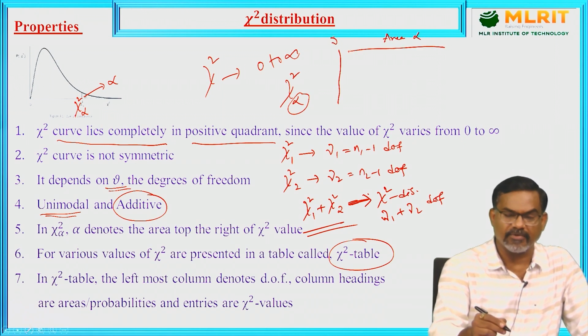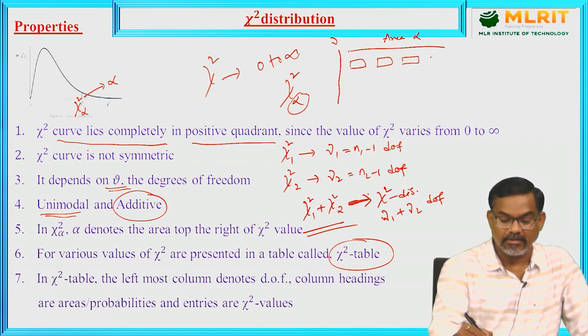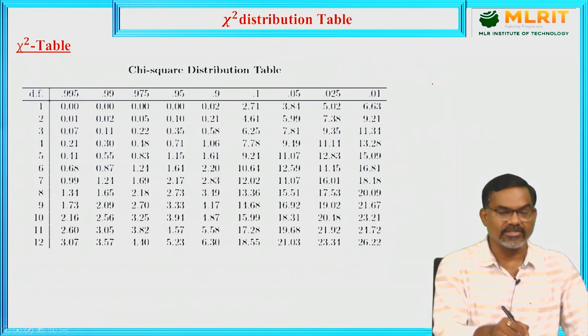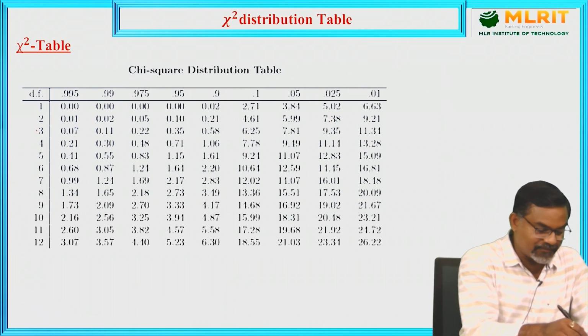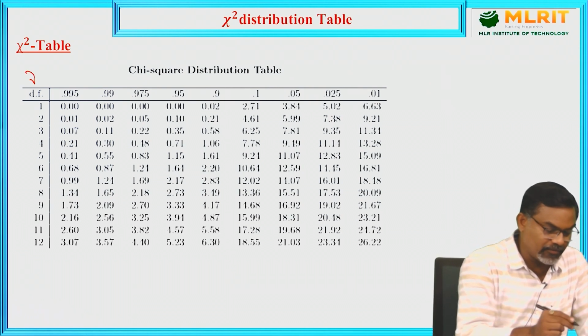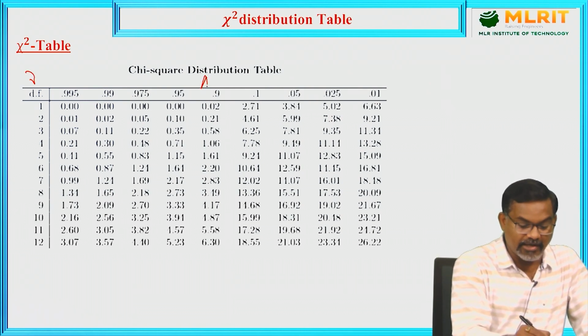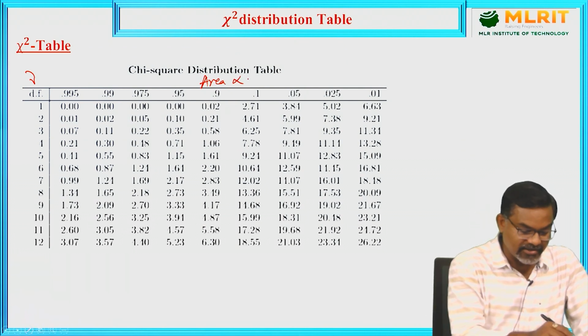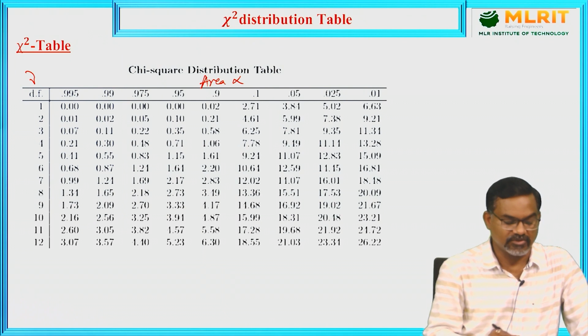This is degrees of freedom nu, and the entries are chi-square values. That we can see here in the table: the leftmost column degrees of freedom nu, the top row area or probability alpha, and the entries are chi-square values. So, these are the chi-square values.